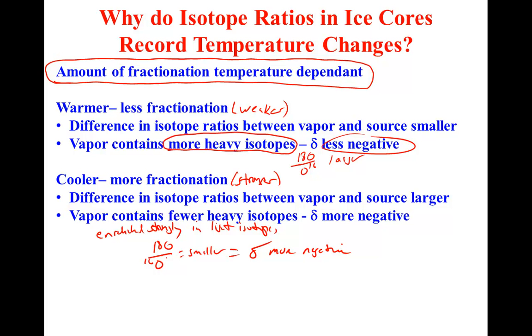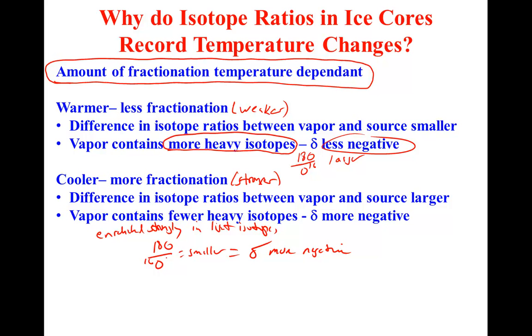So to sum up, the extent of fractionation depends on temperature. Heavy isotopes are always harder to evaporate. How hard they are to evaporate depends on the temperature. At warmer temperatures, it's not so hard. More of the heavy isotope gets into the vapor.